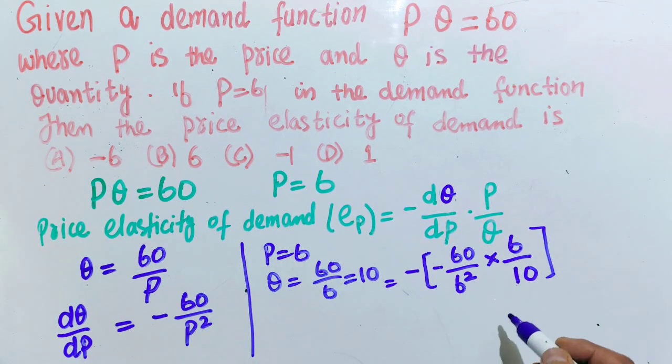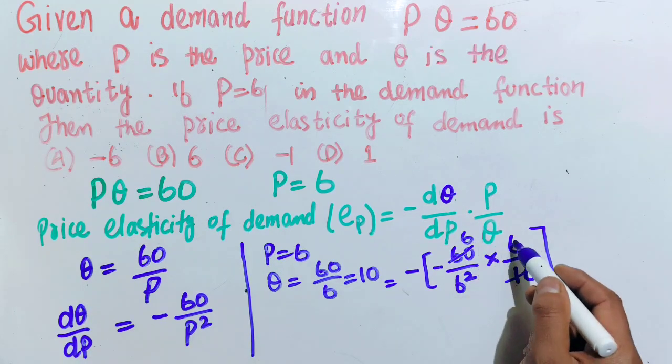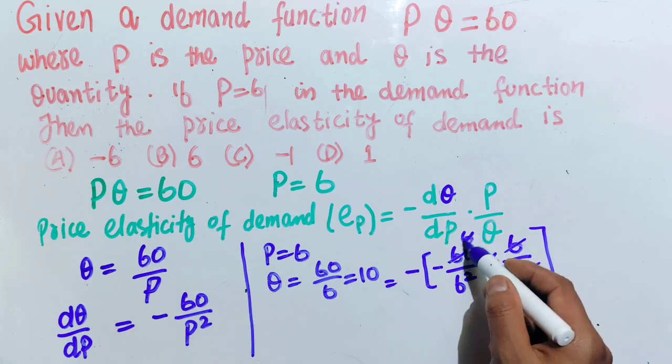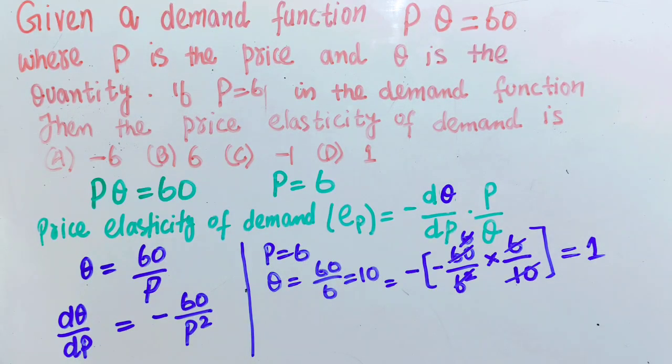So what will we get here? 10 ones are 10, 6 are 60. 6 into 6 is 6 square, so 6 square gets cancelled. We get price elasticity of demand equal to 1 here.